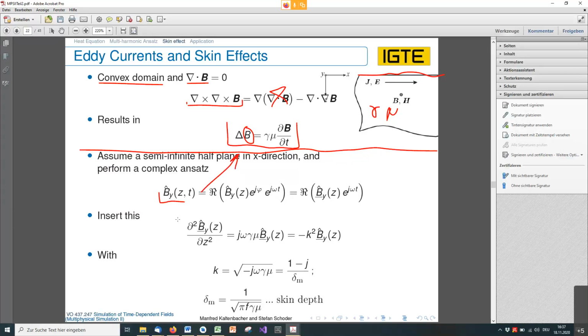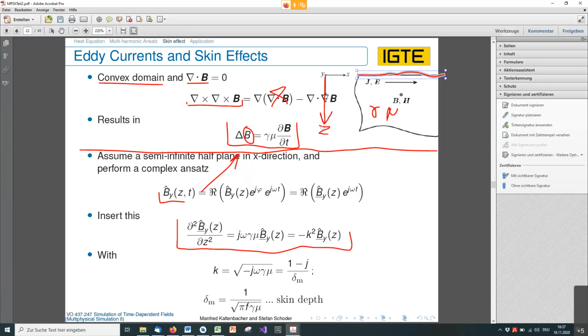If we insert that complex ansatz into the equation up there, we end up at this equation for the magnetic flux density decaying or changing in the x direction. So the x direction is down here into the bulk material.